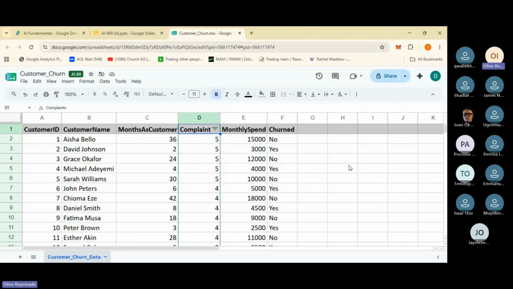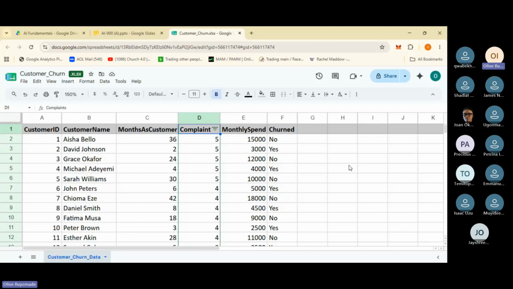This is information that has been given to AI in the past. So AI can look at this information and see a pattern. Do you understand? Patterns like customers that have stayed a short time and have high complaints are likely to churn.